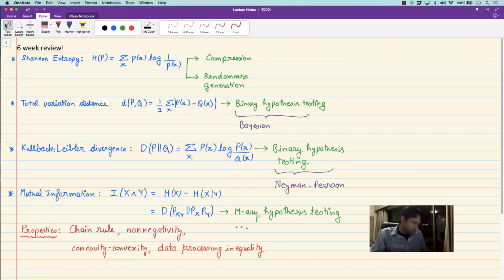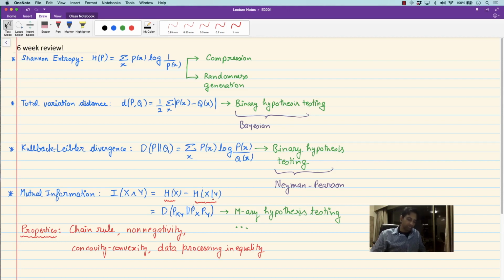notion of distance. Next, and finally, we define this notion of mutual information, which is the information revealed by Y about X. And we define it as the change in uncertainty. So the uncertainty in X before Y is revealed is H of X, and the uncertainty in X after Y is revealed is the conditional entropy of X given Y, and this change in uncertainty is the mutual information. In fact, from the formula that we obtain, what is very interesting is that this mutual information is exactly equal to the divergence between the joint distribution of X and Y and the product of marginals.